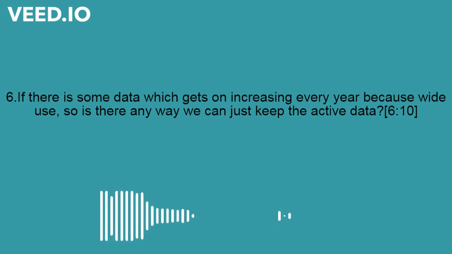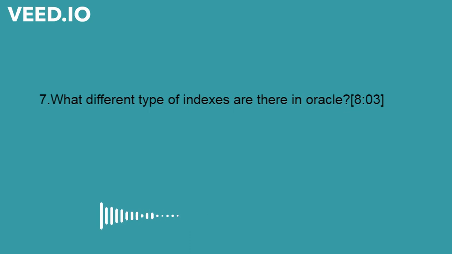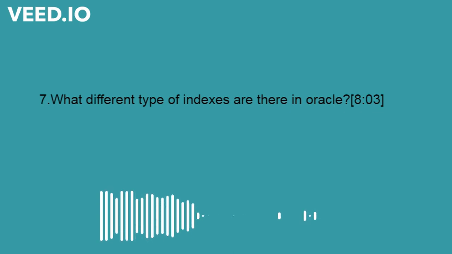Are you familiar with the term B-tree index? B-tree index, no. You have mentioned that you have worked with Oracle. Any idea what different types of indexes are there in Oracle? No, indexing I have not worked.